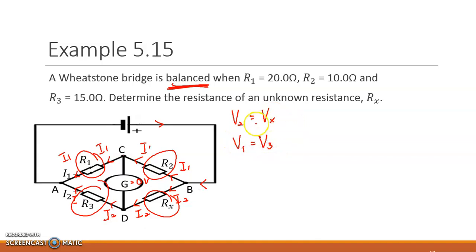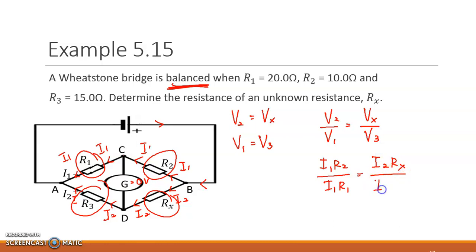So we can divide these two equations where V2 over V1 equal to Vx over V3. Or you can also write it as V1 over V2 equal to V3 over Vx. We already know that V is equal to IR according to Ohm's law. So I1 R1 over I1 R2 equal to I2 R3 over I2 Rx.